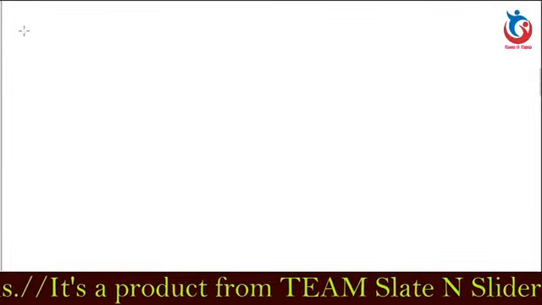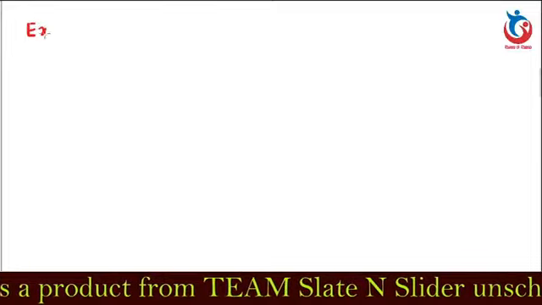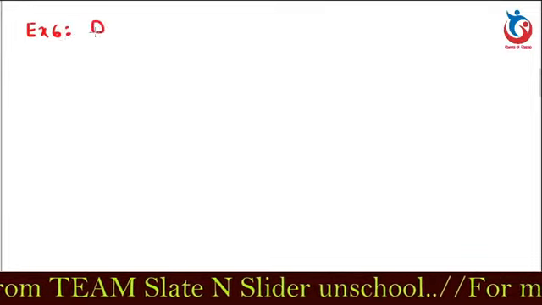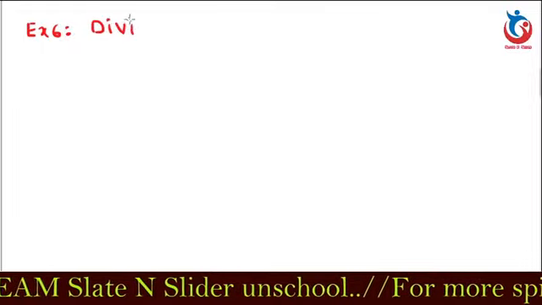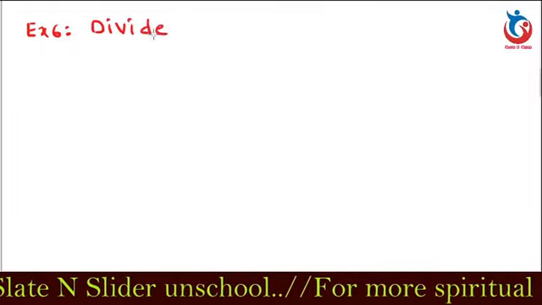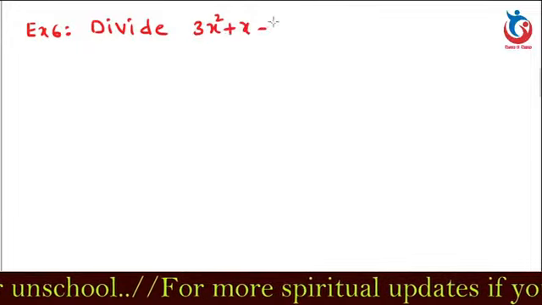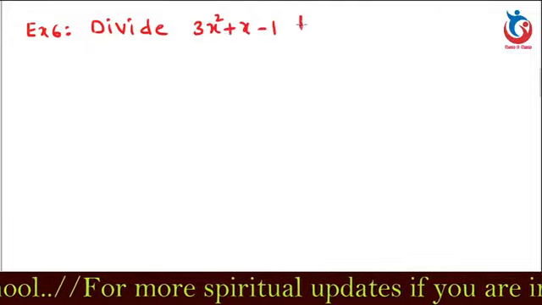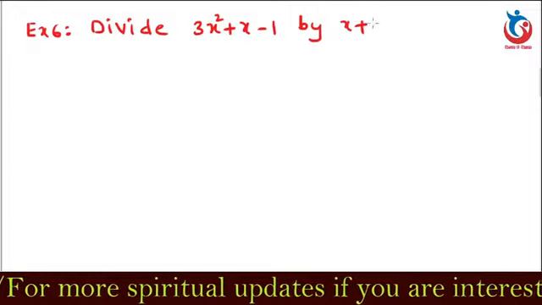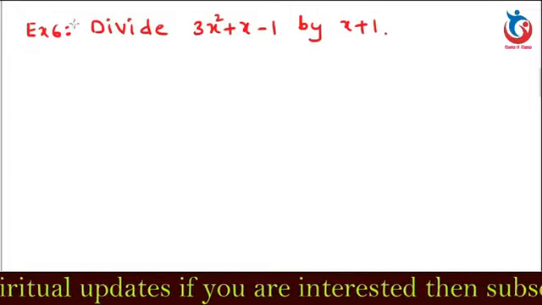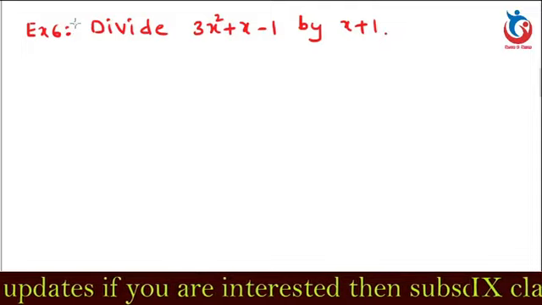We will see Example 6, that is, divide 3x square plus x minus 1 by x plus 1. I will explain this in the non-routine method.